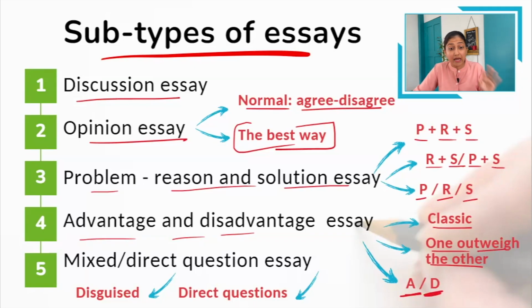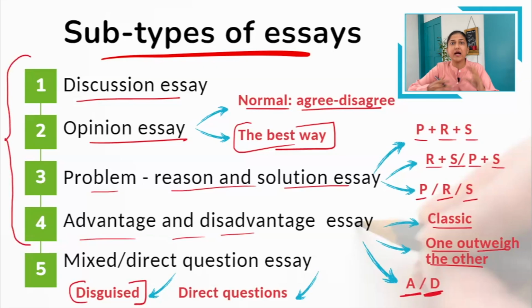Okay, last, which is mixed essay, wherein the first category that we have seen is a kind of disguised form of one of the four types. Out of the four types, they may mix two, they may disguise it as something else, like what do you think can be possible ways of making it better. So it's asking for solutions basically.